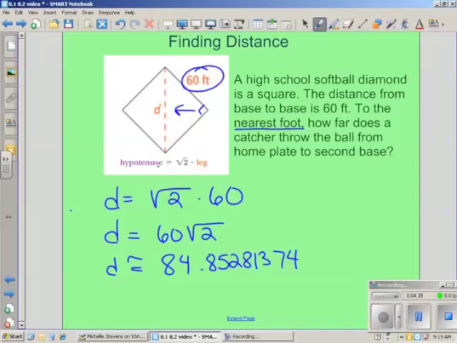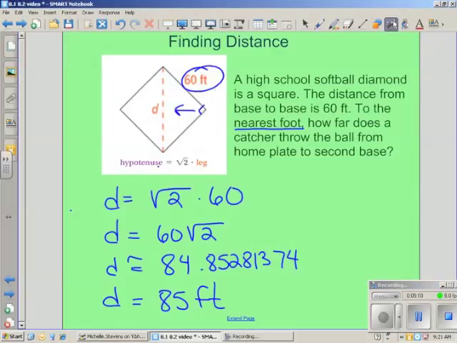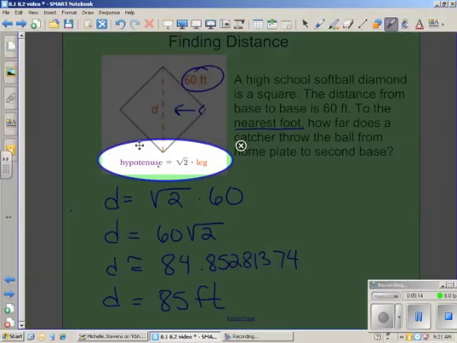Rounding that to the nearest foot is approximately 85 feet. So the catcher throws the ball about 85 feet from home plate to second base. This is how we would solve this problem. These examples using hypotenuse equals radical 2 times the leg are only used for 45-45-90 degree triangles.